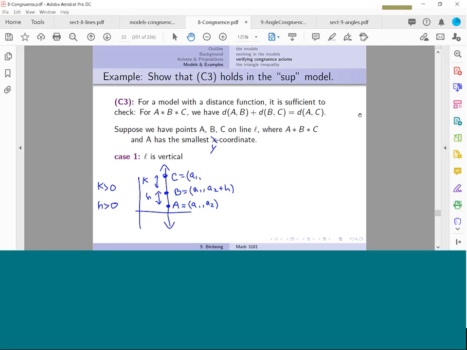Which means, what should be our formula for the y coordinate of C? So we'd take the y coordinate of B, so A2 plus h, and then plus that extra k. And there's your 3 expressions, 3 representations for your 3 points.